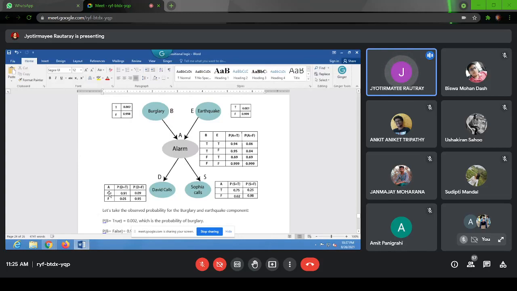In case of alarm, the result may be true and false. What is the probability that David calls, true and false? If this is 0.91, this value will be 0.9. If this is 0.05, this value will be 0.95. Here also there are some mistakes. You have to always subtract from 1. You have to do this type of calculation.